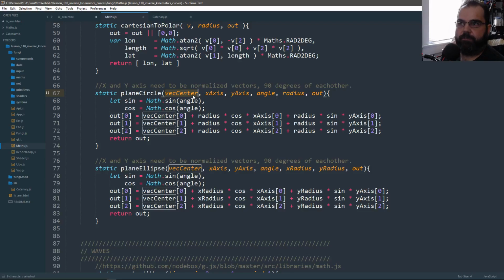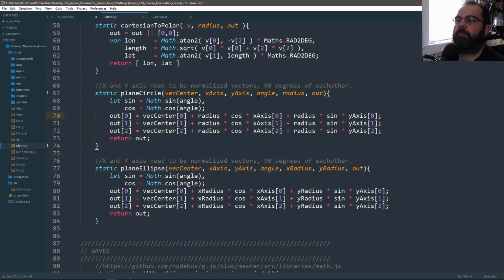A plane is defined by a point and a direction, and all you need to do is pass in where you consider the x-axis and the y-axis to be of that plane, and you have the center point, and then you can apply a circle in 3D built perfectly. So before in videos, when I had to create a circle, I had to create a circle and then rotate it. Now I can create that circle in that specific plane without any rotation at all. Basically, the rotation is done here already using cosine and sine.